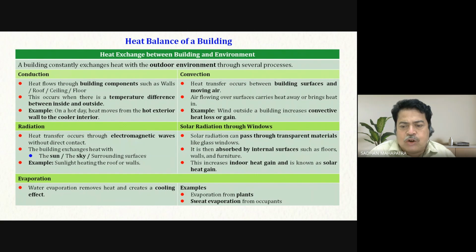It is then absorbed by internal surfaces such as floors, walls, and furniture, and that also increases the indoor heat gain, and this is typically known as solar heat gain. There can be evaporation. Water evaporation removes heat and creates a cooling effect. For example, evaporation from plants, say indoor plants, or sweat evaporation from the occupant.